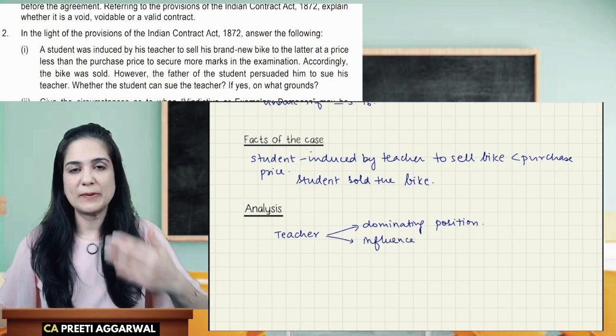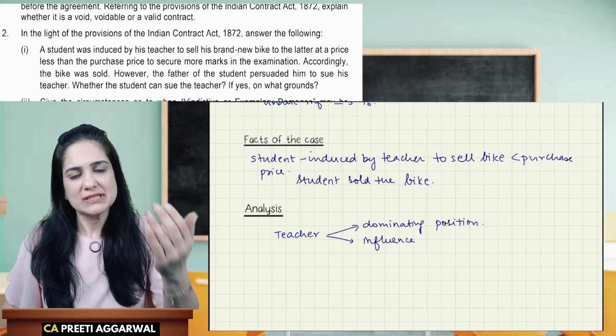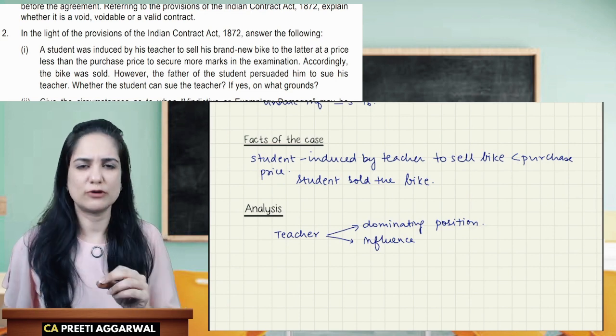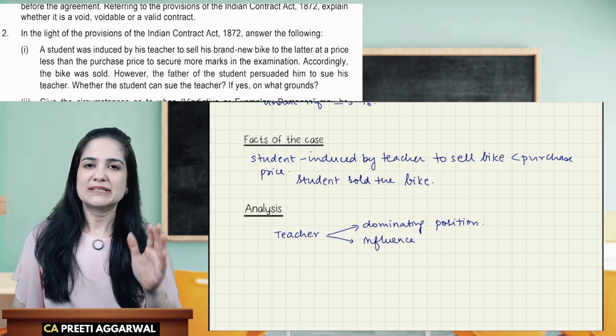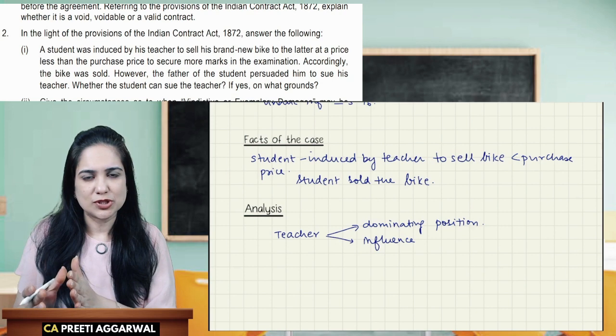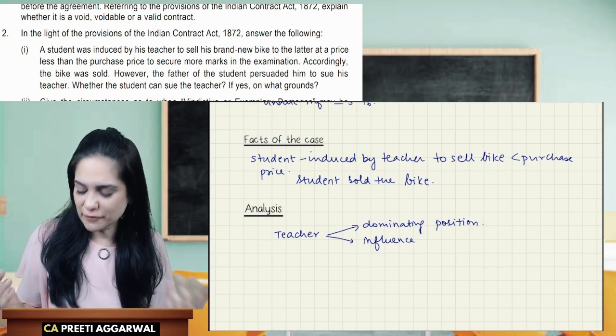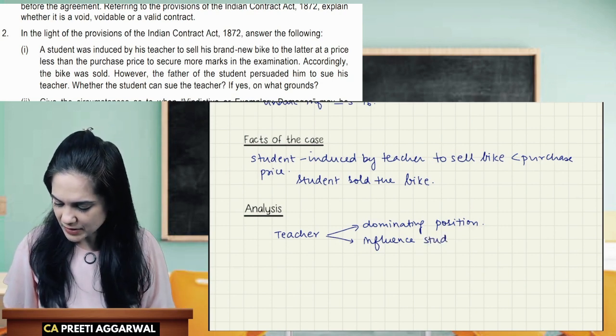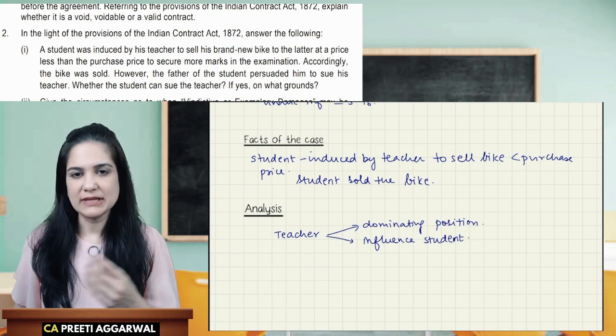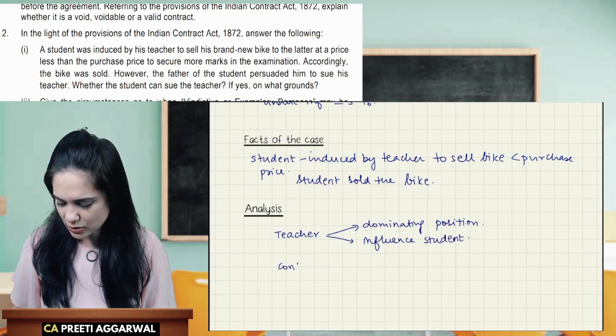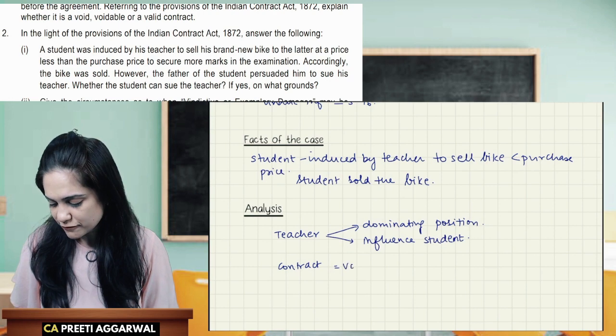Now you're explaining it in your own words something about this domination or undue influence. Because there is influence, you can say that the contract is voidable at whose option?